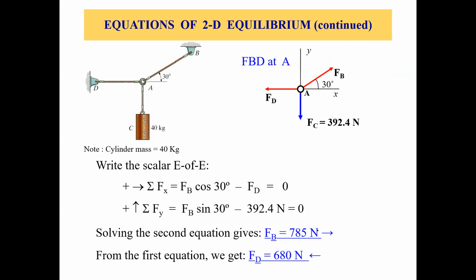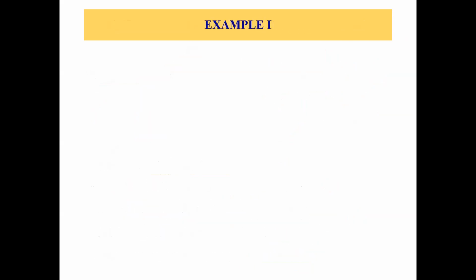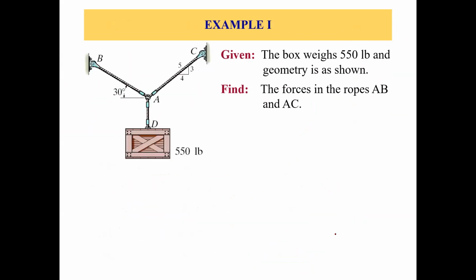Now let's move forward and do another problem, okay? The more problems you do, the more practice you do, the more confident you are, right? More practice, more confidence. So let's look at this system. Again, it's sort of the same system, three cables, AC, AD, and AB, right?